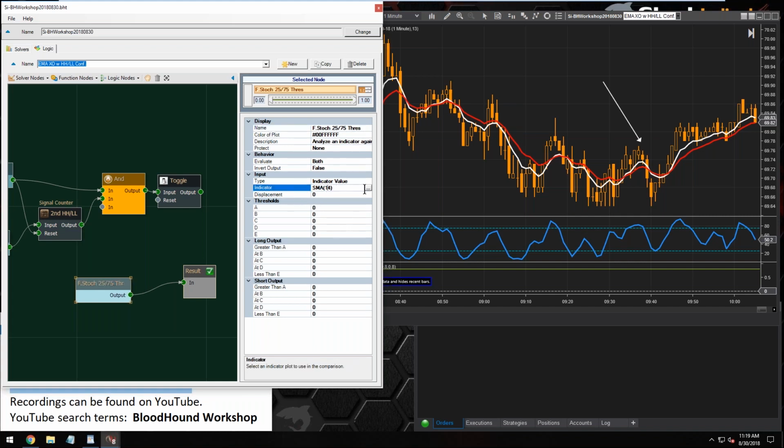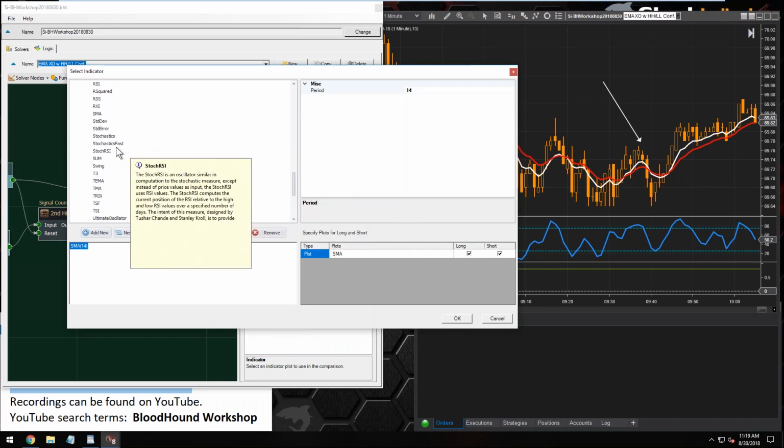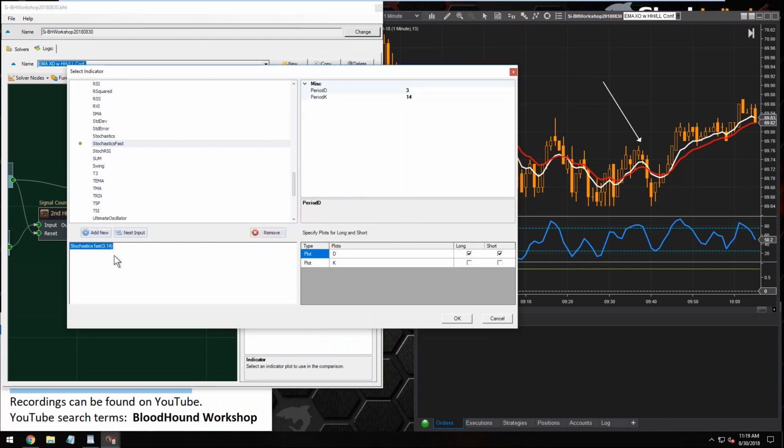So let's put in our Fast Stochastics first. Our settings are 3 and 5. The stochastics has 2 plots here, so we want to make sure that we have the D plot selected, because that's what we're using.